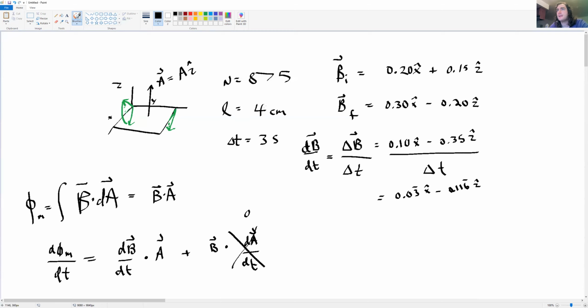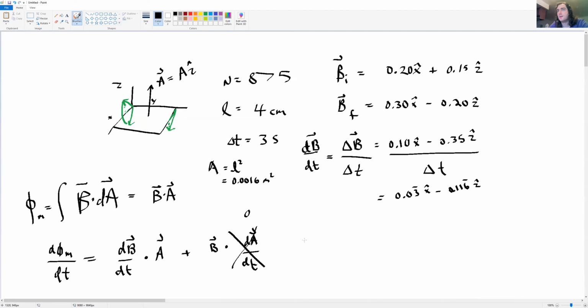So the area is 4 centimeters times 4 centimeters, or 0.04 times 0.04 meters squared, which is 0.0016, right? So area equals L squared, which is 0.0016 meters squared.